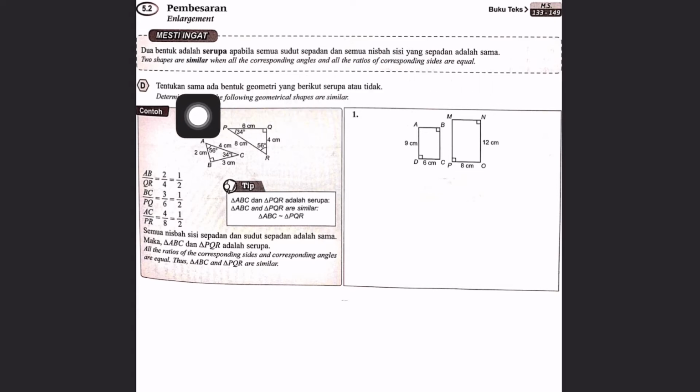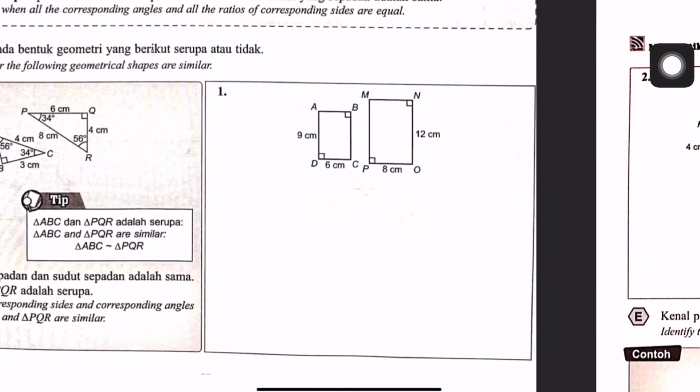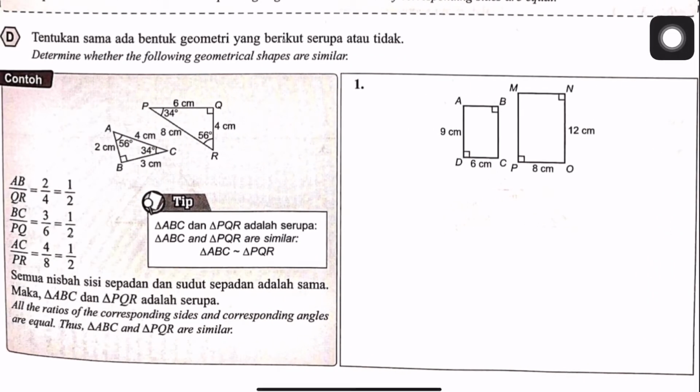Let's look at number one. Here we have two different shapes, and we want to check whether these two shapes are similar. First, let's check the angles. We can see that both have angles of 90 degrees.